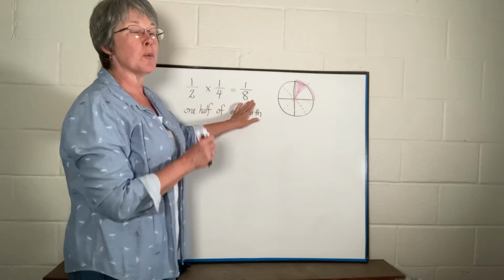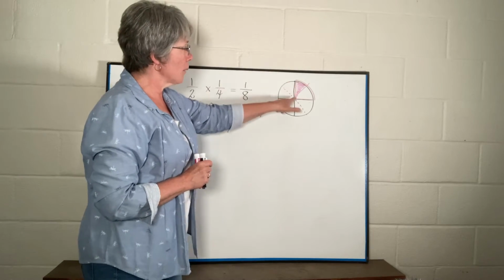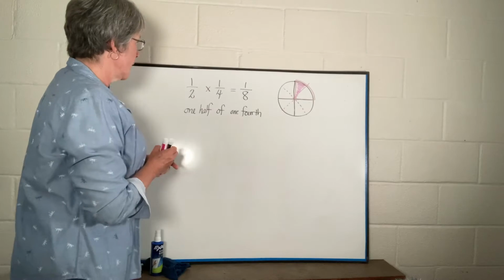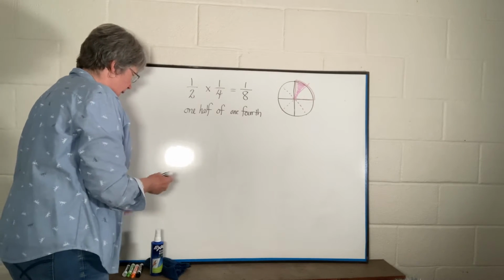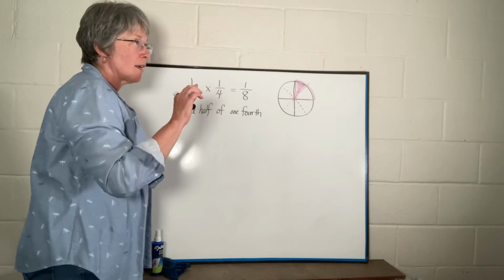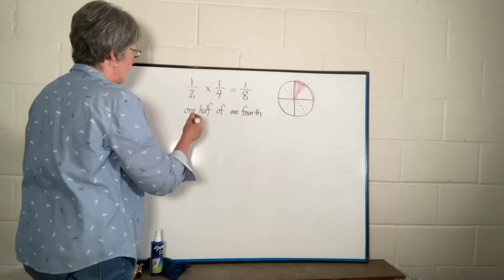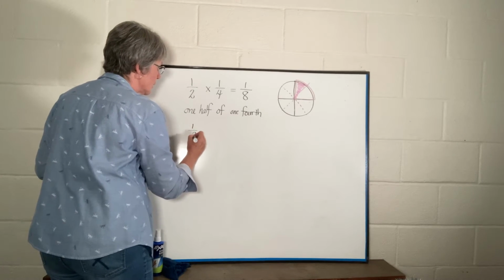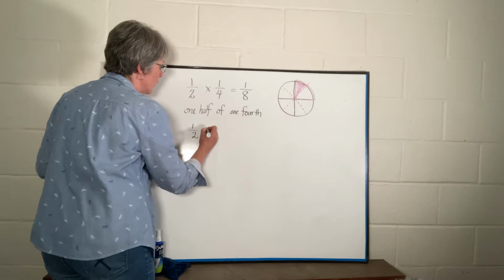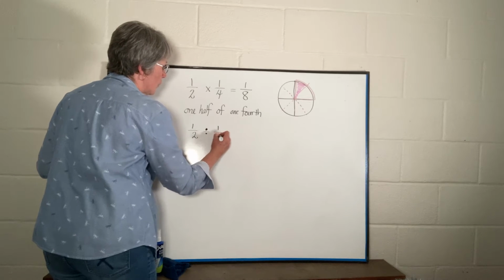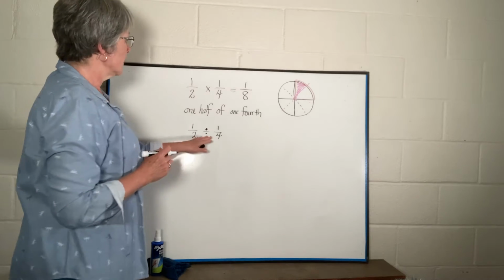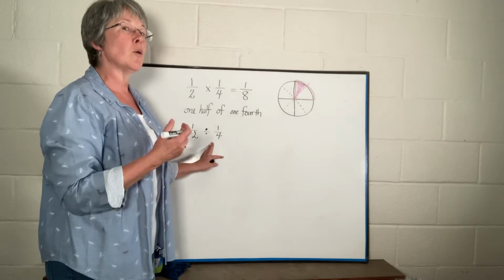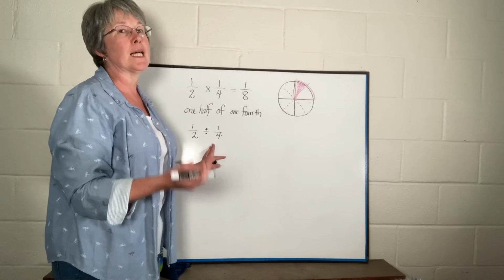Often we're going to end up with a slice or a part that's smaller than either of these two. Now, division is easier, or rather it's the same thing. So let's use this 1/2 divided by 1/4. Now, in grammar, you may have learned that we don't use a double negative, that it undoes something.